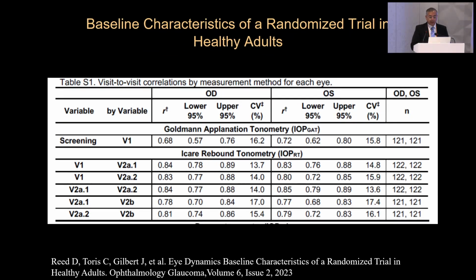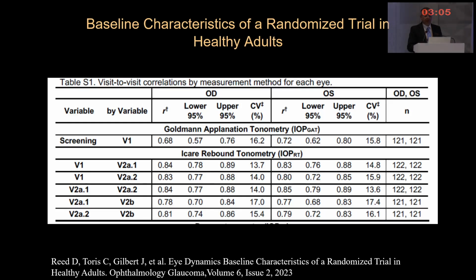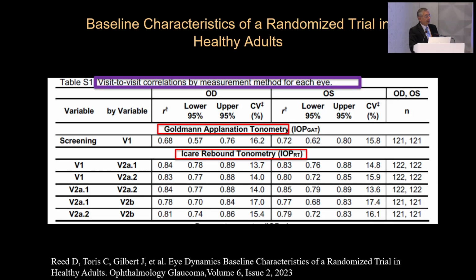So that same study that was published in 2023, looking at the baseline characteristics of a randomized trial of healthy adults, found that the Goldmann tonometer had a correlation R square of 0.68, in contrast to the iCare rebound tonometer, which had a much greater reproducibility.